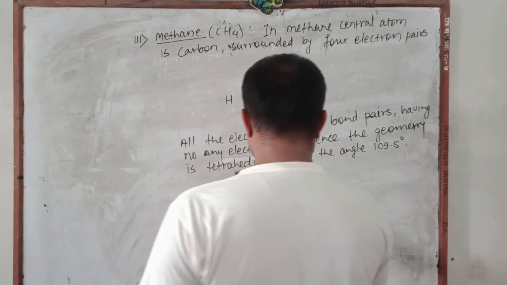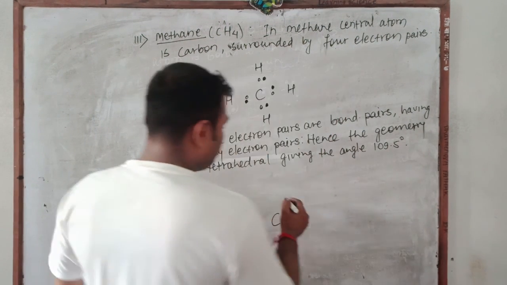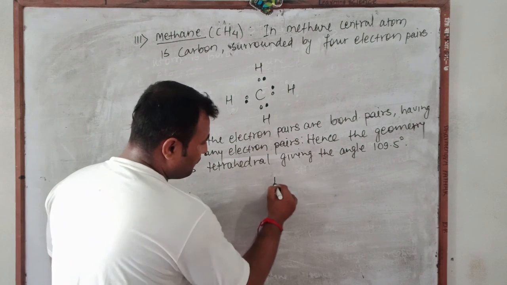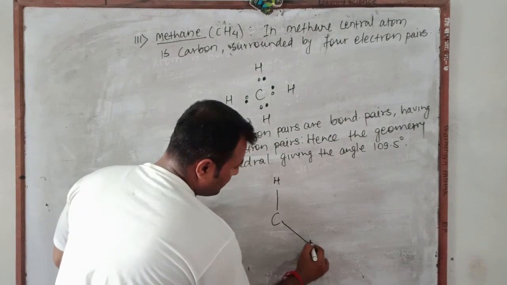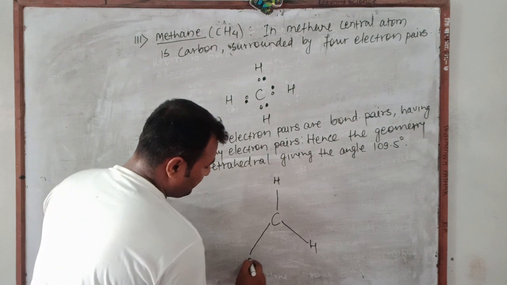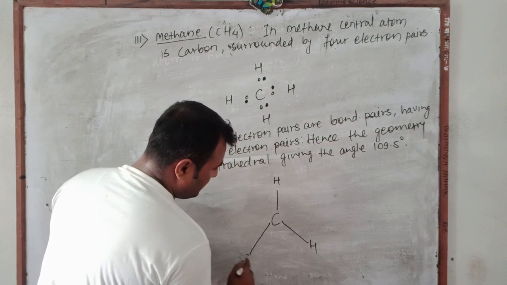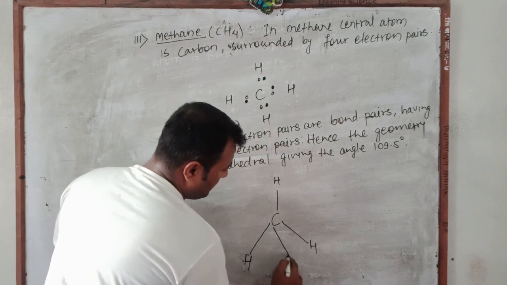We draw a structure like carbon bonded with 4 hydrogen tetrahedrally: carbon, hydrogen, hydrogen, hydrogen.